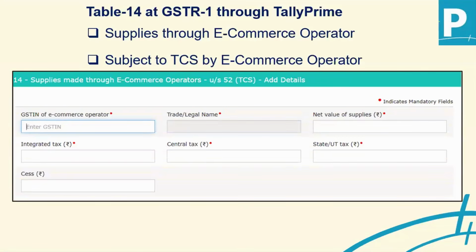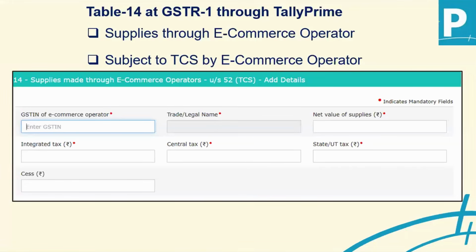This is the screenshot of our GSTR1 where this table looks like this. This is an additional table in addition to our B2B or B2C reporting. This has to be done for supplies through an e-commerce operator. I understand that every one of you is very much clear on this compliance aspect.